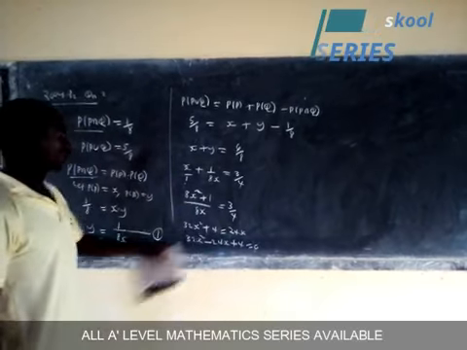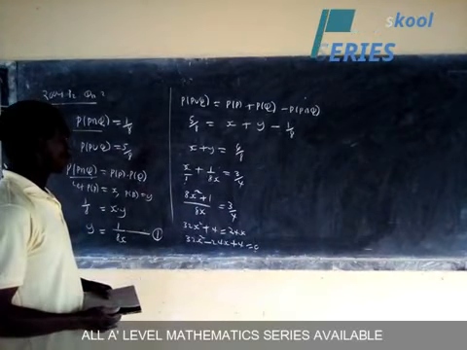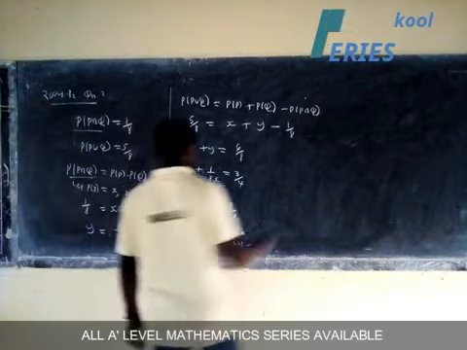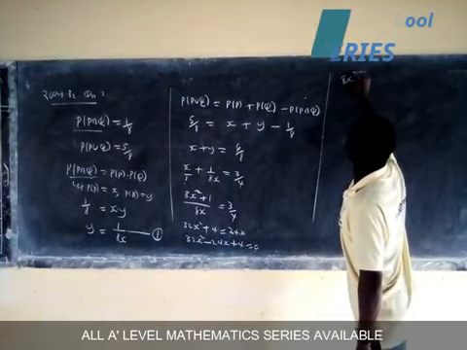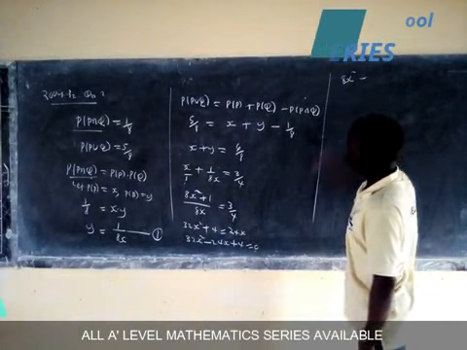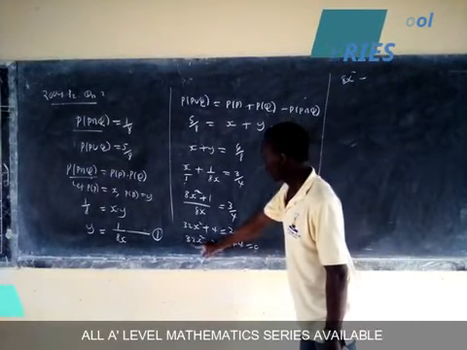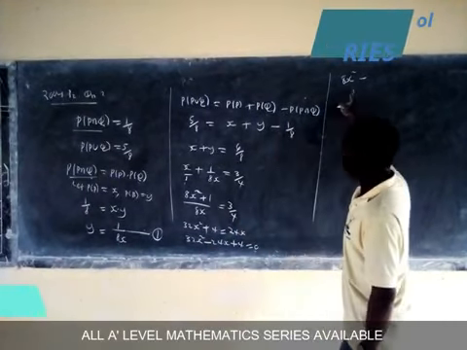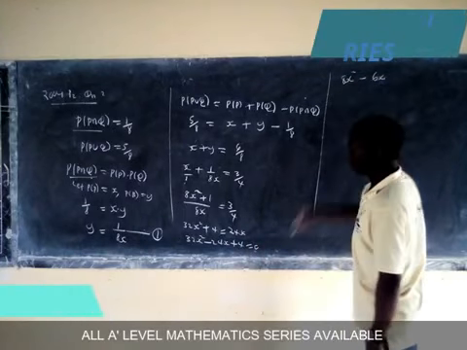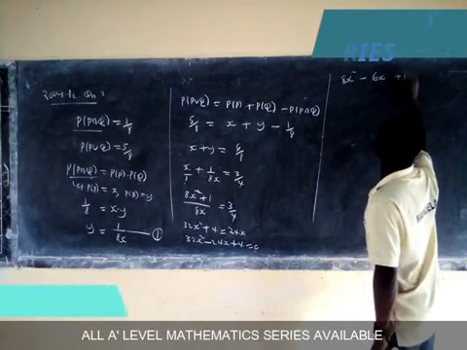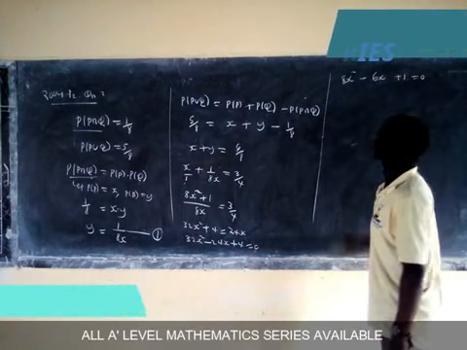If I divide all terms by 4, I'll have 8x squared minus 6x plus 1 is equal to 0.